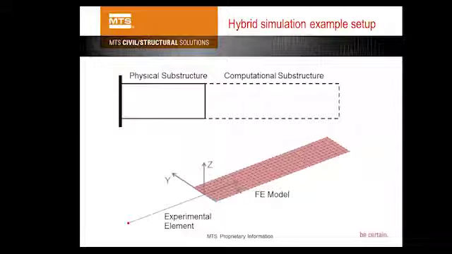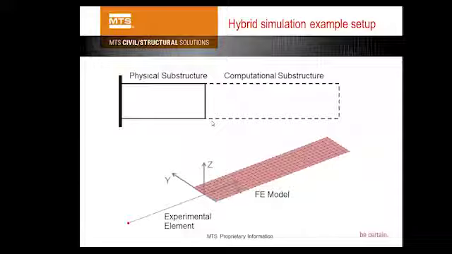So in this example, that's the case study I was trying to show you. For example, this is the physical substructure: the steel plate sitting in our test rig in the lab. Then we extend it by a longer part, because the airplane wing is actually longer.